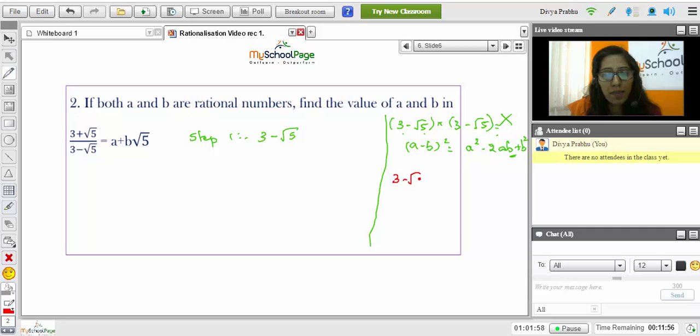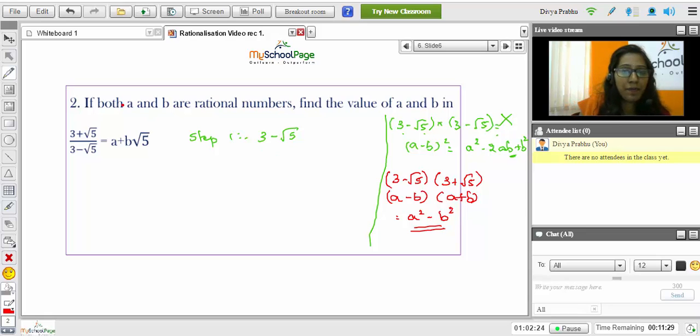How will I simplify this? What do I need? I need a square of this, isn't it? So always when I multiply with the opposite sign in between, I will get a square. Why? We have an identity. a minus b into a plus b is what? a square minus b square. I am not left with any b term anywhere, so I will not get any irrational number.